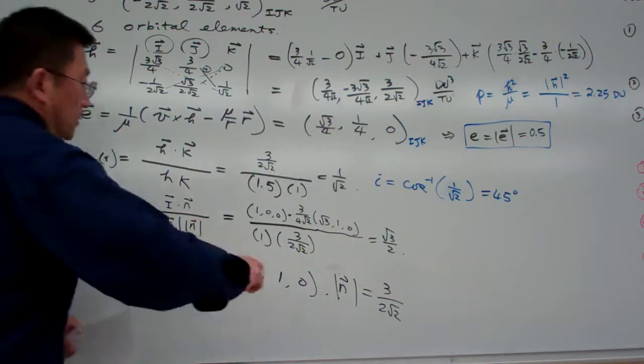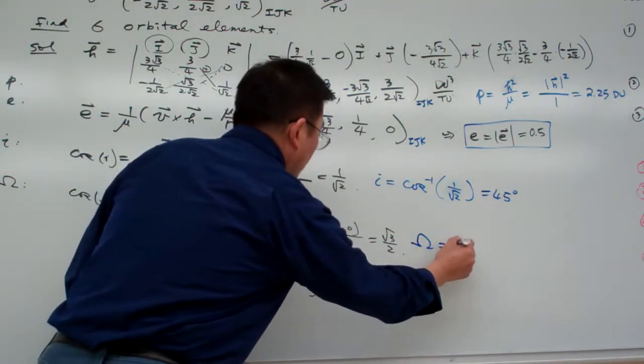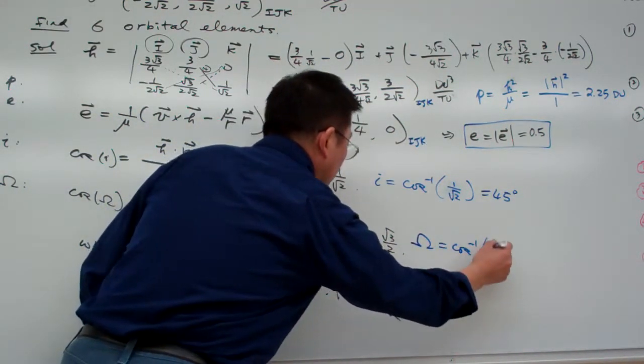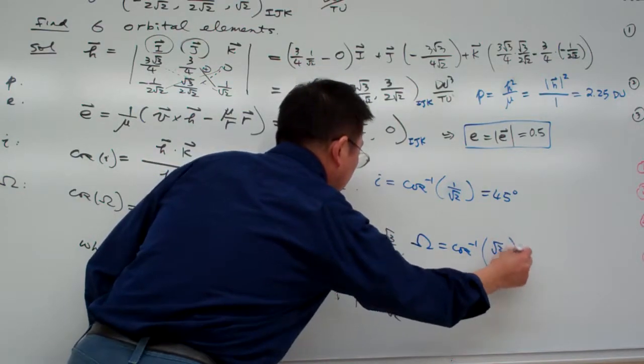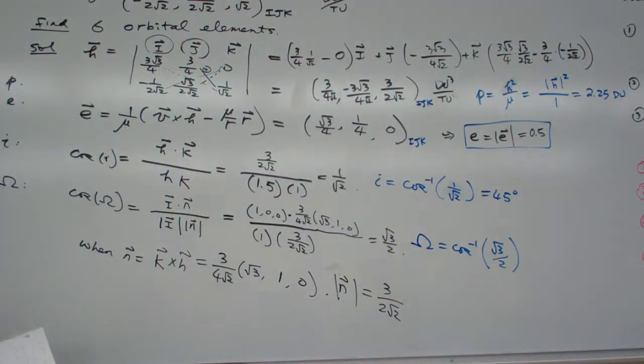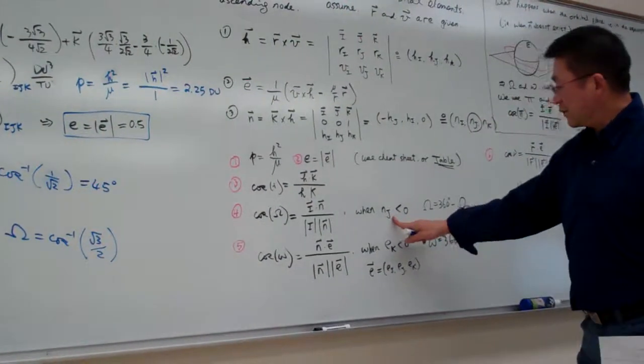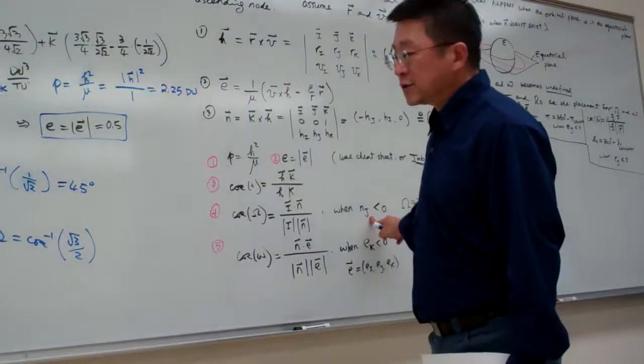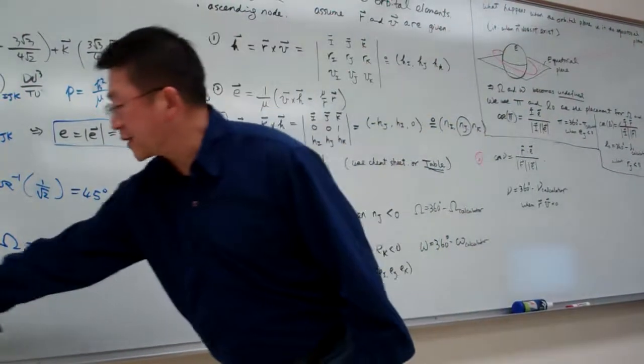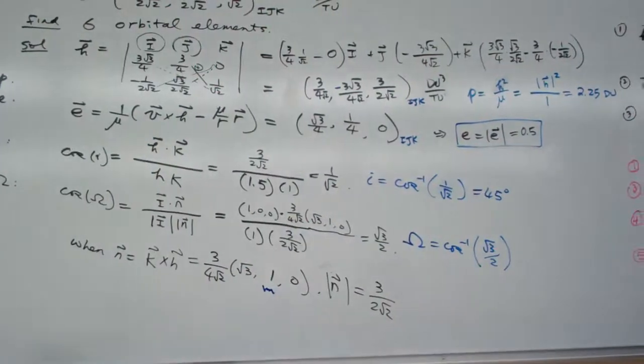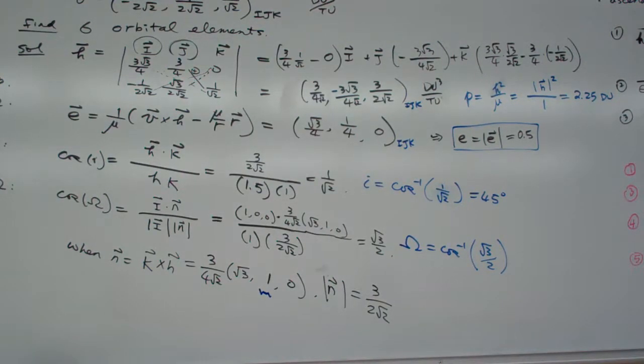So therefore, the omega is a cosine square 3 over 2. Okay. So now we come to check this one. See if nj is negative. For nj, n is our vector, that is the j component. And here the j component of n is positive.